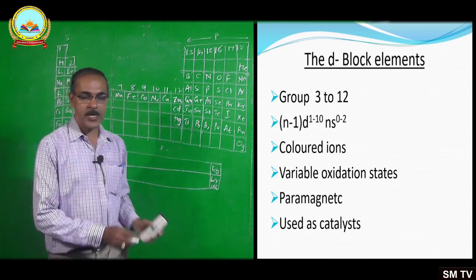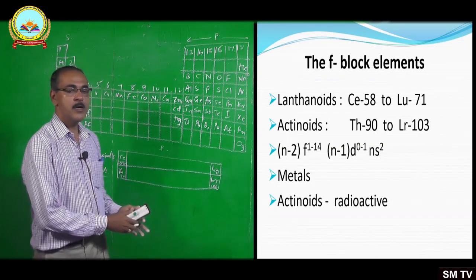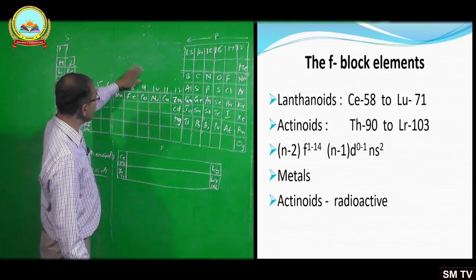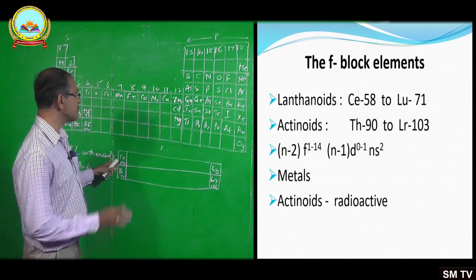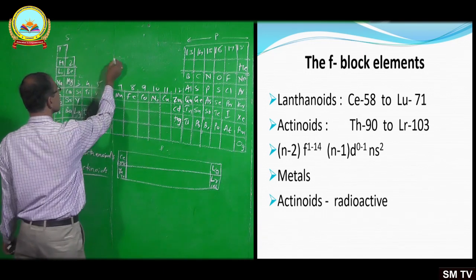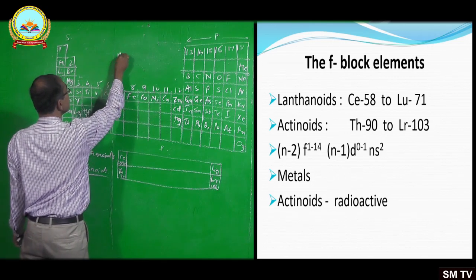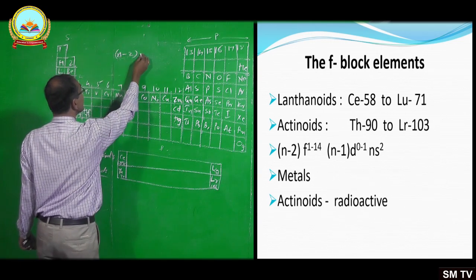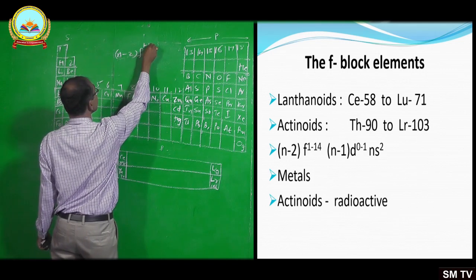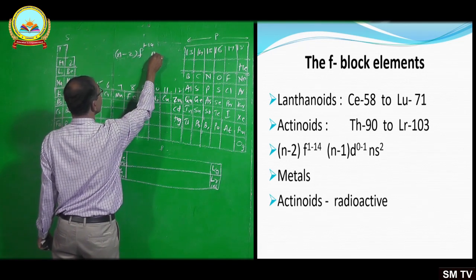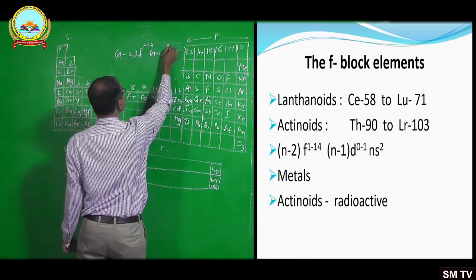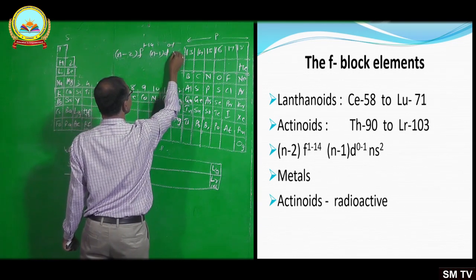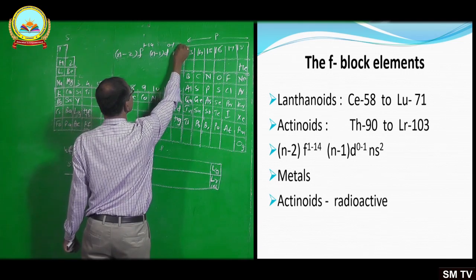And coming to the f block elements, the general outer electronic configuration is (n-2)f 1 to 14, then (n-1)d 0 to 1, then ns2.